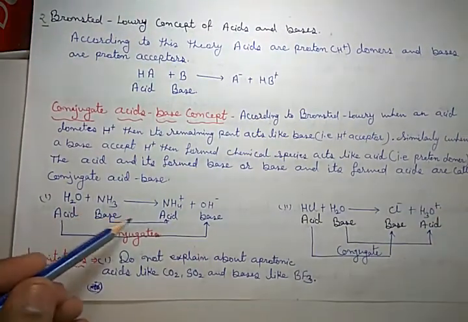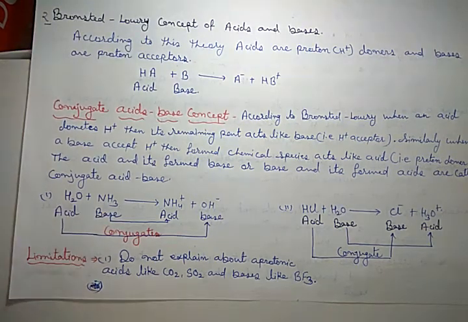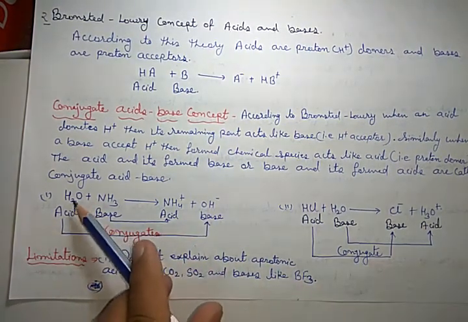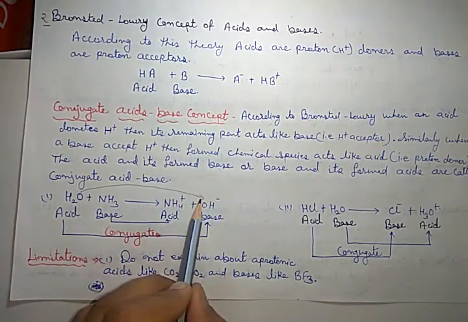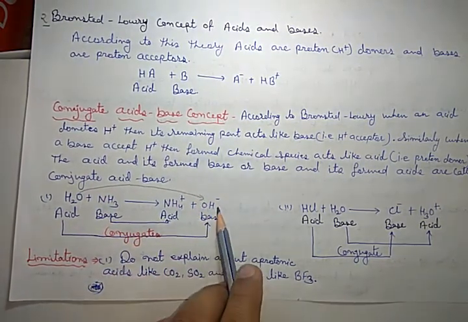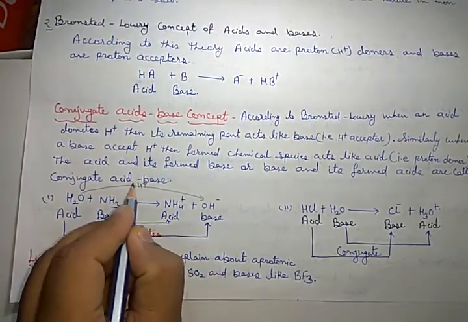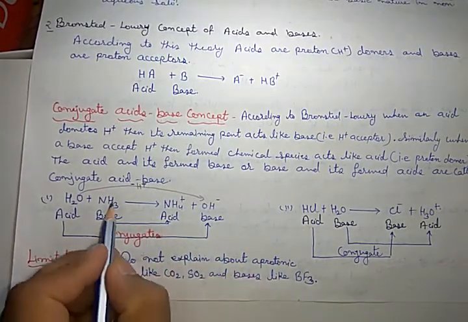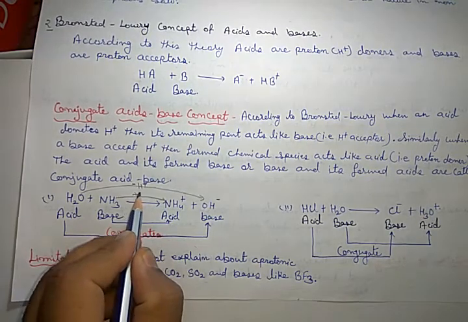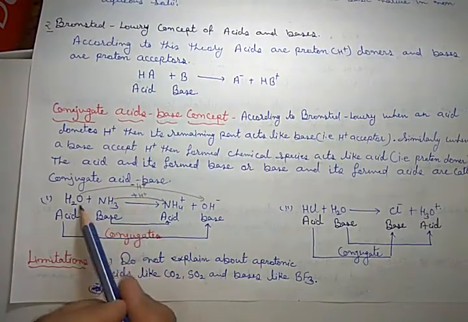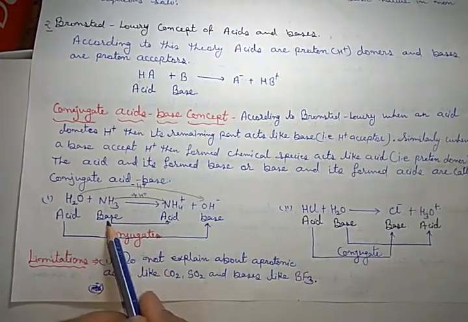There are two examples for you. One is H2O plus NH3. After the reaction, you notice that H2O converts into OH negative ion. That means it is donating a proton, while NH3 converts into NH4 plus, which means it is receiving a proton. Since it is donating, it is an acid, and since it is receiving, it is a base.